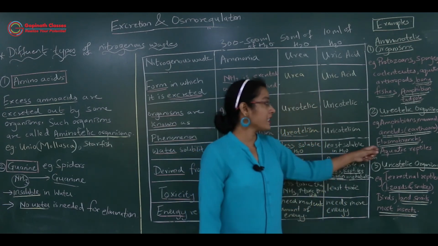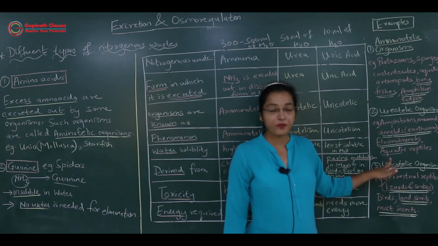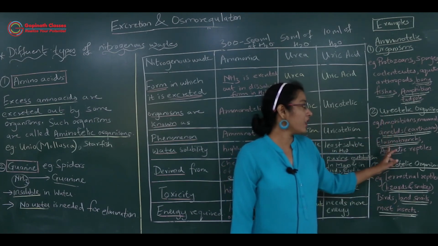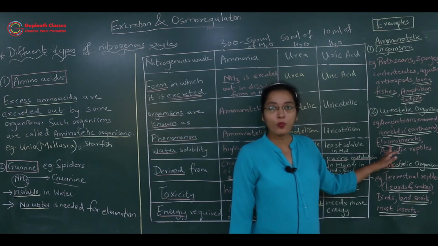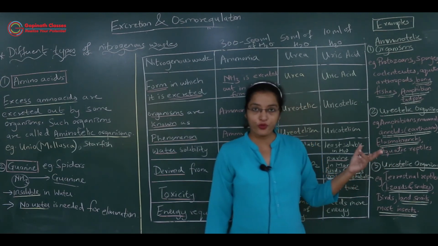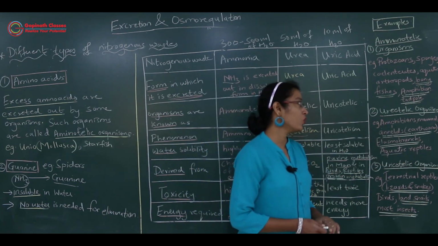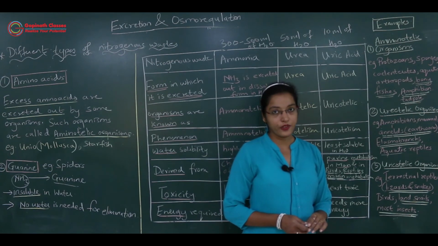Okay. Then elasmobranchs, that is cartilaginous fishes, will excrete urea as nitrogenous waste. Elasmobranchs, example shark, scoliodon, dogfish. Okay. Then aquatic reptiles will also excrete urea as nitrogenous waste.